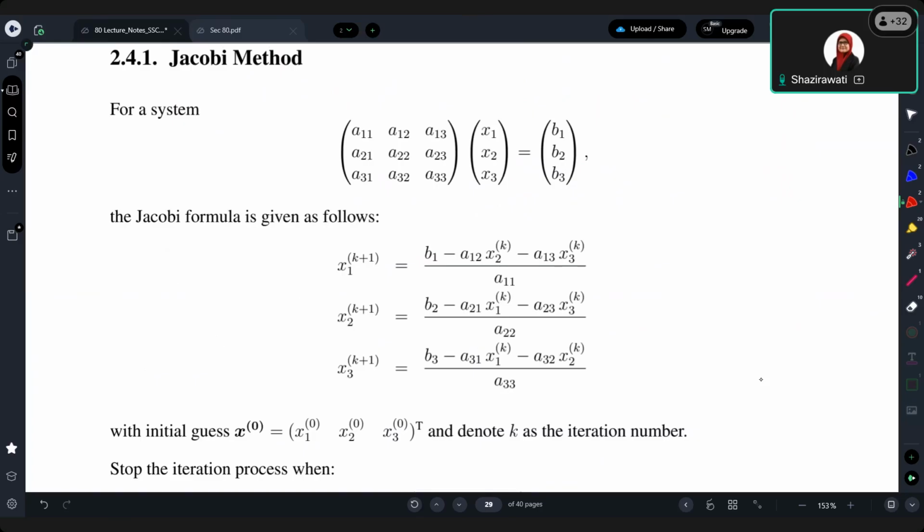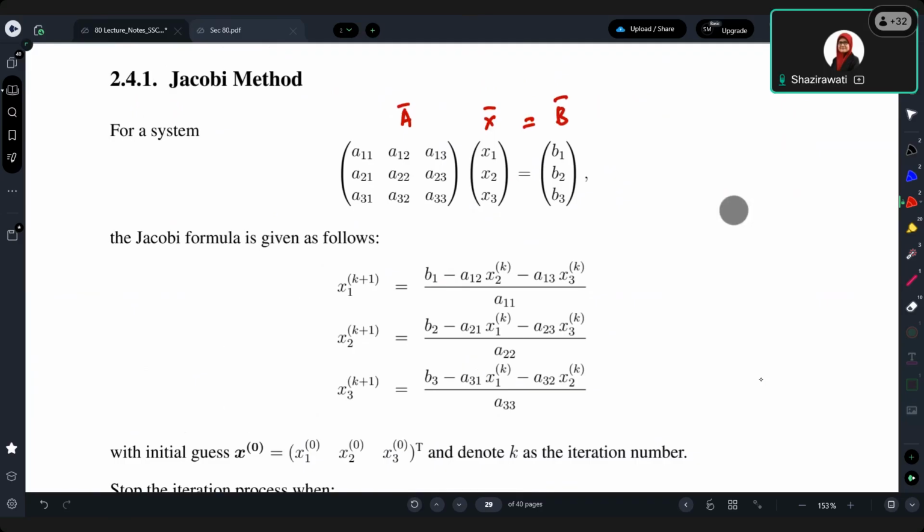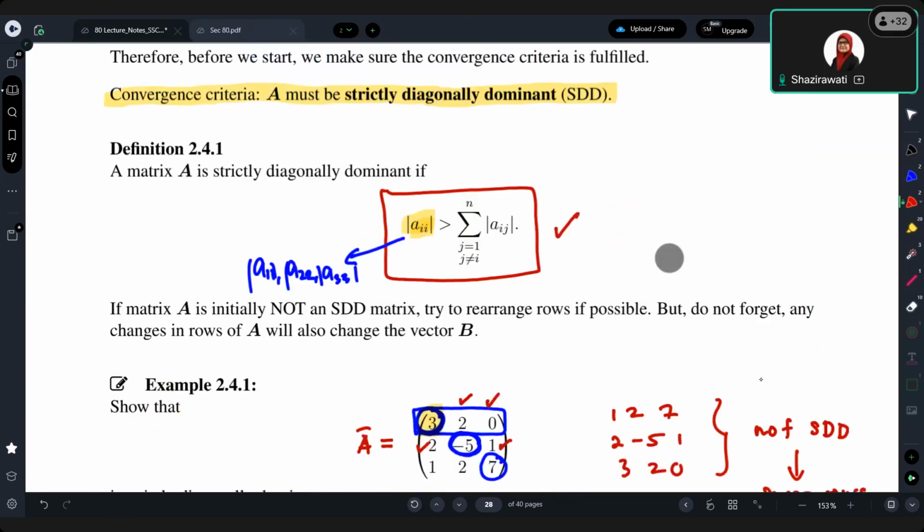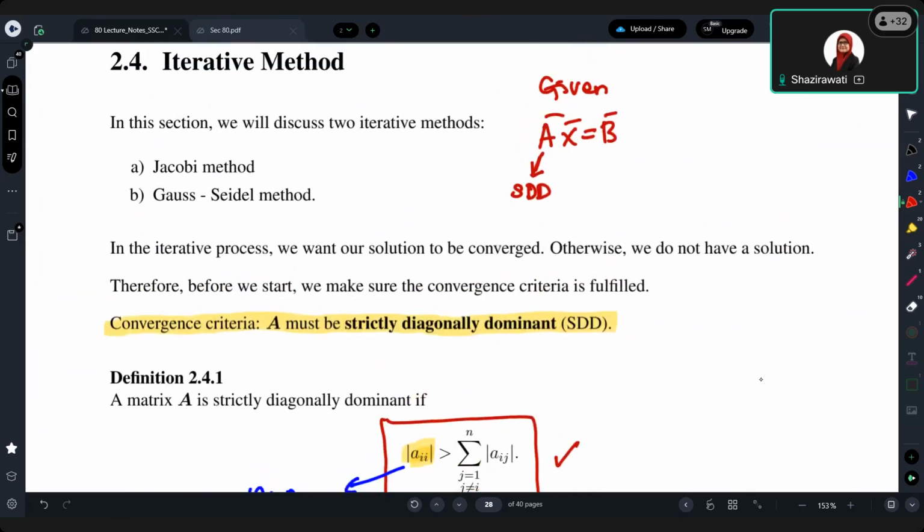So imagine this is Ax equals B, written in the form of a matrix. For Jacobi and Gauss Seidel, first of course you need to check for SDD. Second, you need to form the formula for your unknowns.